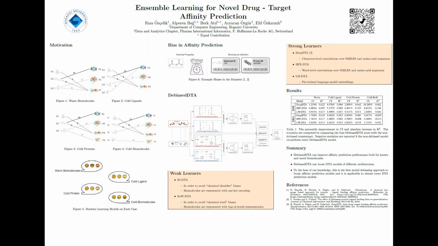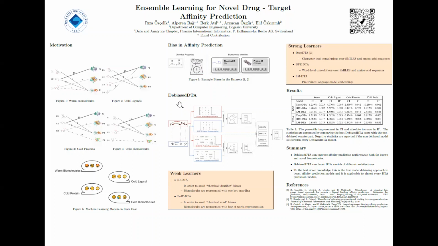So models can learn to exploit these evident patterns to maximize their objective over the training set instead of learning binding mechanics through datasets. A similar bias source stated in the literature is that identifiers of the biomolecules, or their IDs, let's say, significantly affect the performance or predictions of the affinity prediction model. So in this problem, we specifically focus on these two bias sources and eliminate them with our approach to boost novel drug target affinity prediction performance.